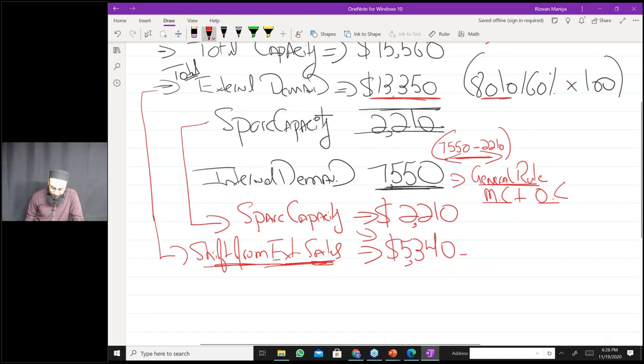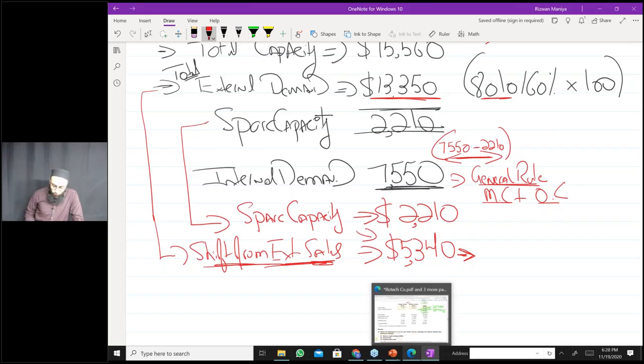the shift one. Listen. Now you tell me, 5340 is the revenue I'm shifting from external sales to internal sales. Agreed? So what is the variable cost of this figure?